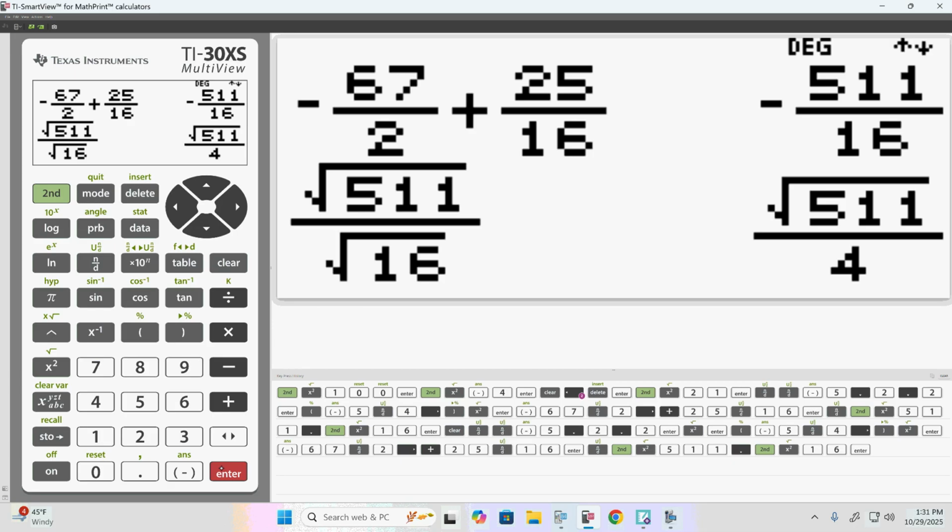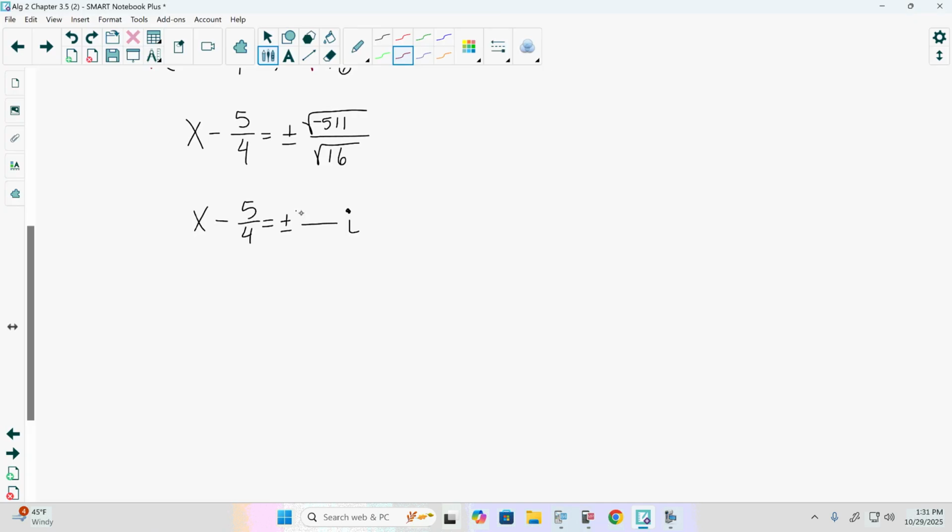It was negative? Yeah, okay. So it tells us just the square root of 511 over 4. Yeah, because the negative we already pulled out as i. So that the 30XS can do it, it can simplify it as far as it possibly can.